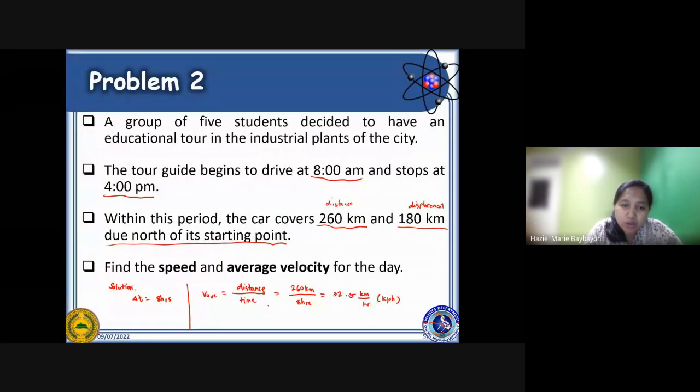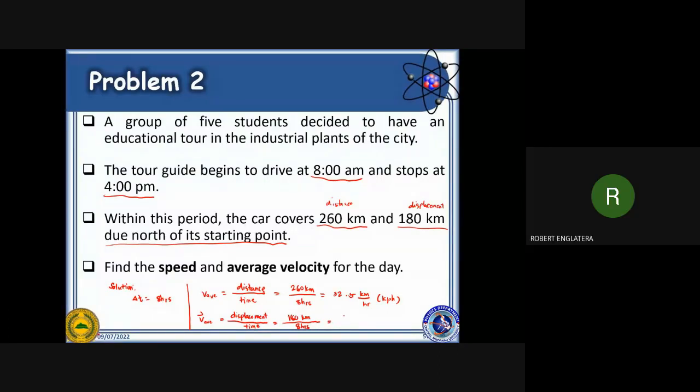Kilometers per hour. Okay, how about the average velocity, V average? So you have displacement divided by the time interval. So 180 kilometers. Kini lang sang magnitude akong ibutang class tapos ato lang din butang direction later. 180 kilometers divided by 8 hours. 22.5, ma'am.